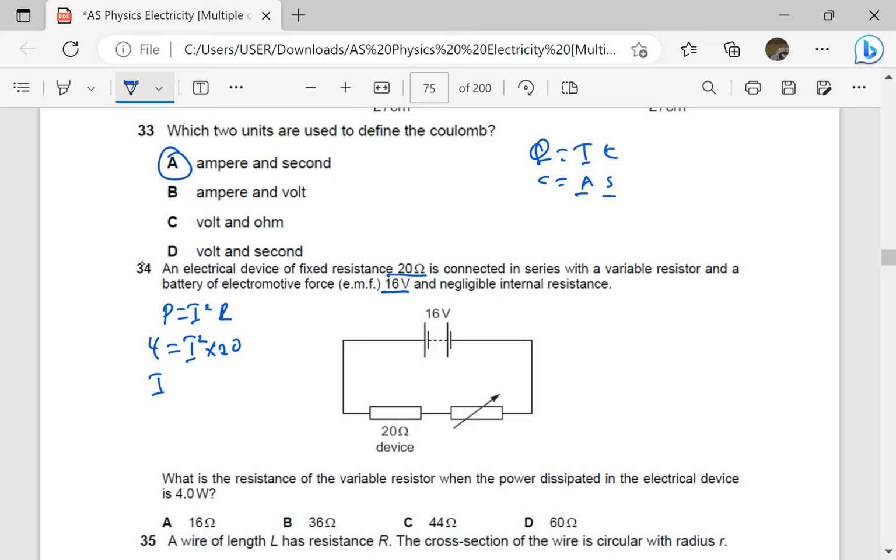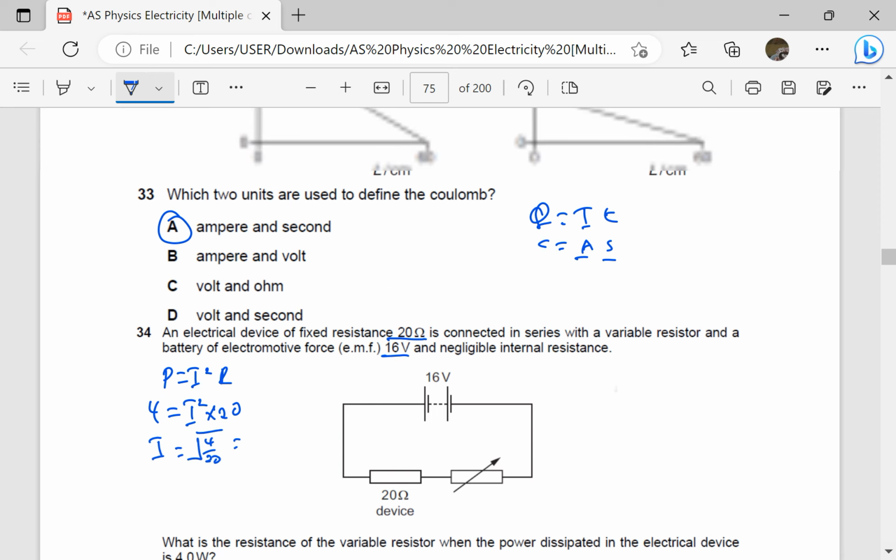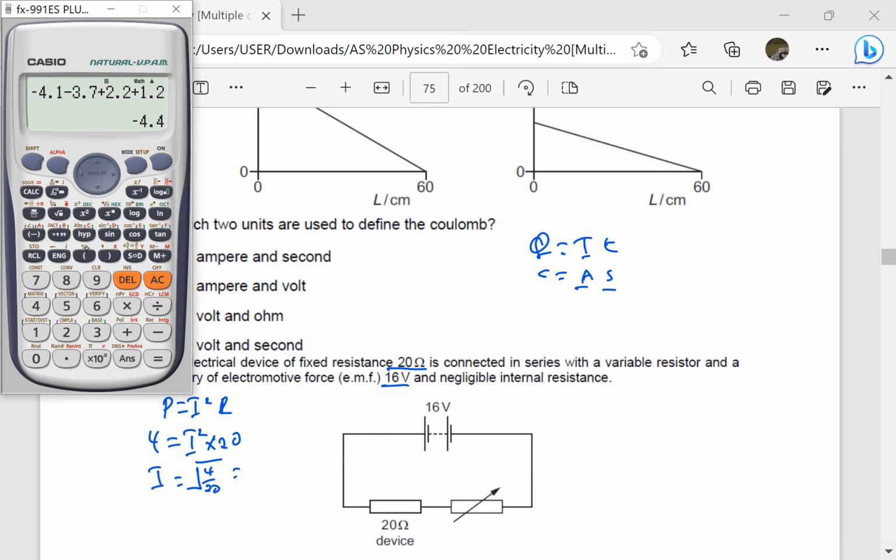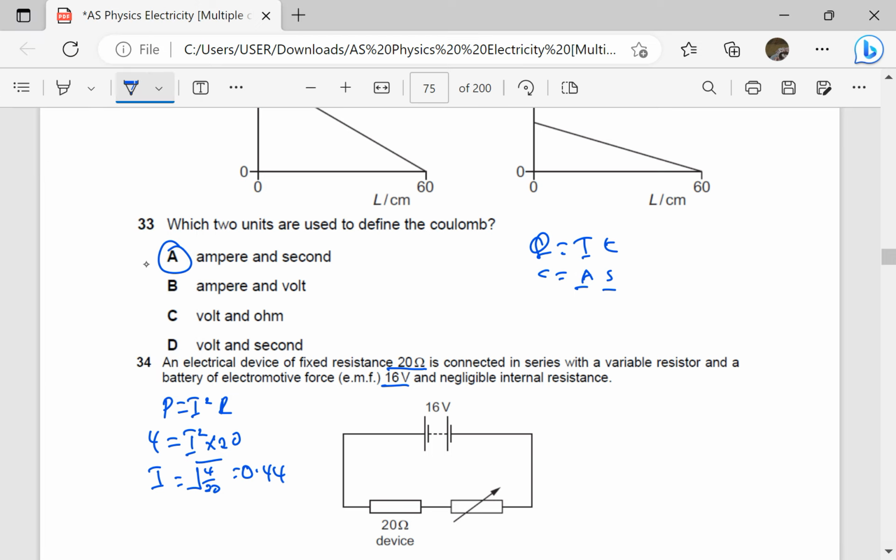The current through the device is going to be the square root of 4 over 20, which is 0.447 amperes. That is the current.